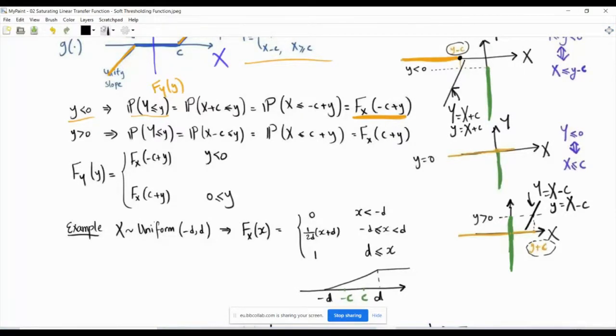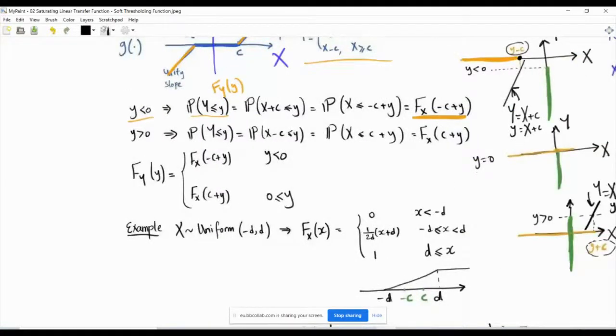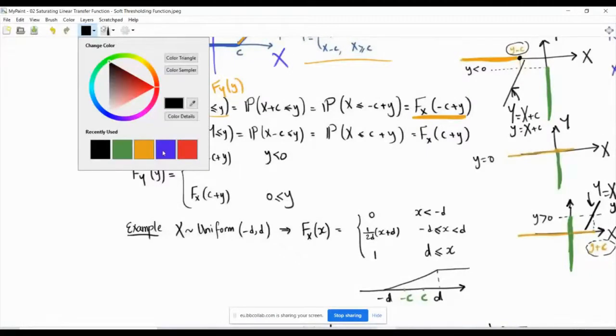Now, do you need to worry about y exactly equal to 0 and so on? Let's not forget that any valid CDF is a right continuous function. So you can actually study y equals 0 specifically, and this can be useful.